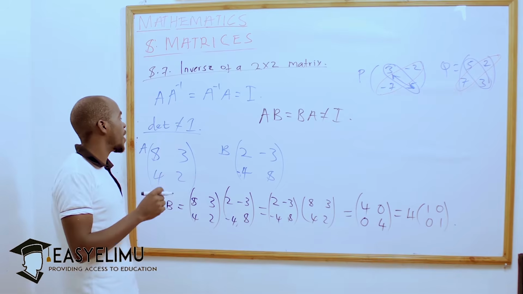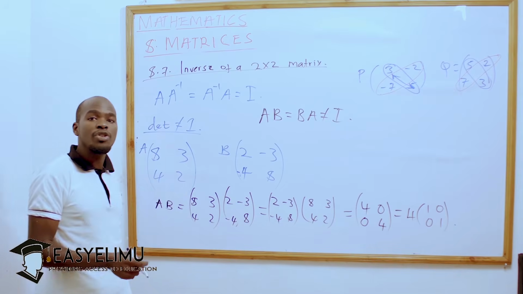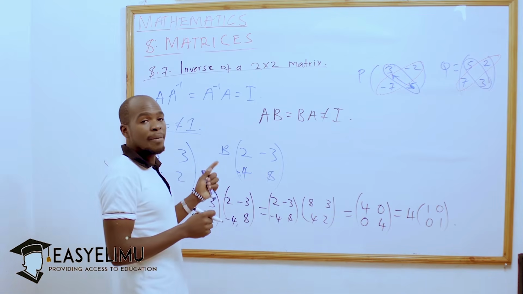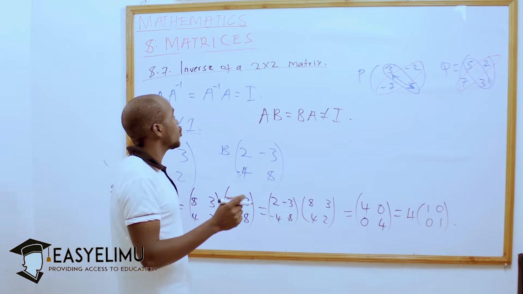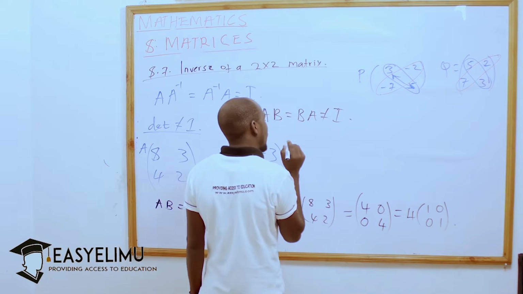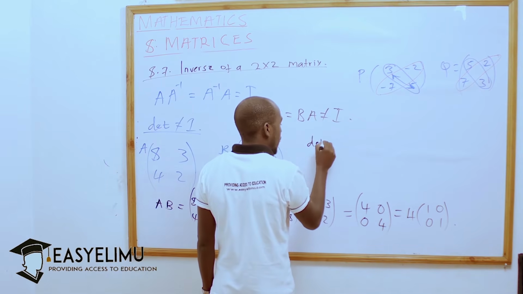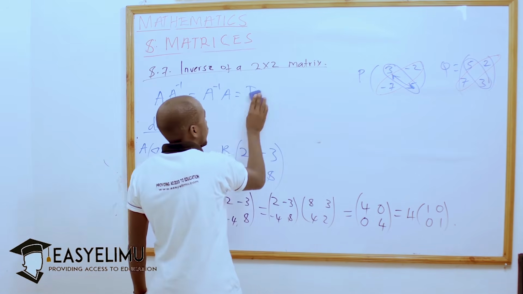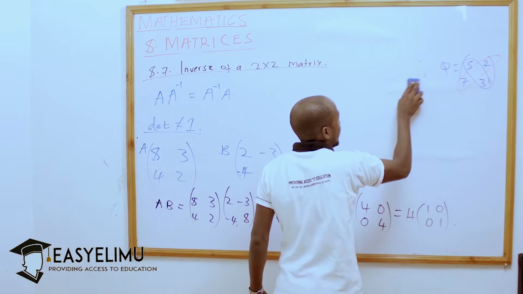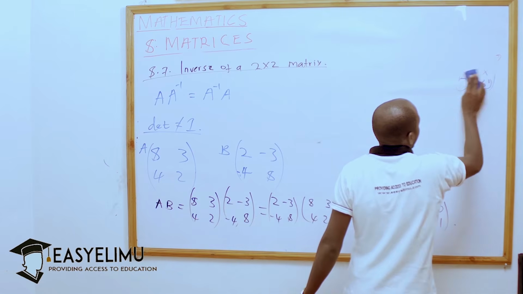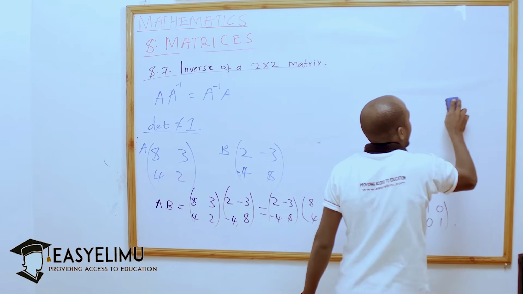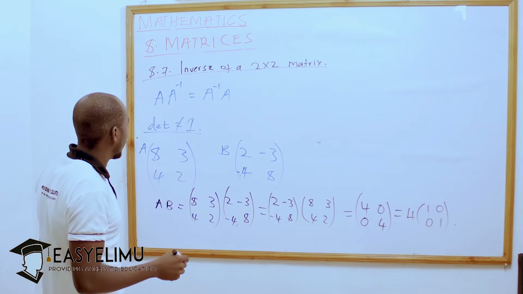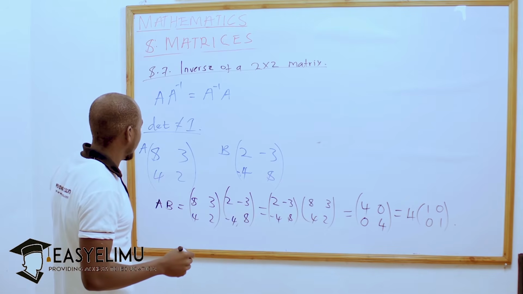So in case you need to find the inverse of a 2 by 2 matrix, whereby the determinant is not equal to 1, what you should do is find first the determinant of that matrix. After getting the determinant, find 1 over that determinant.